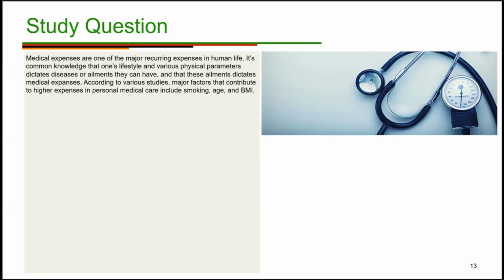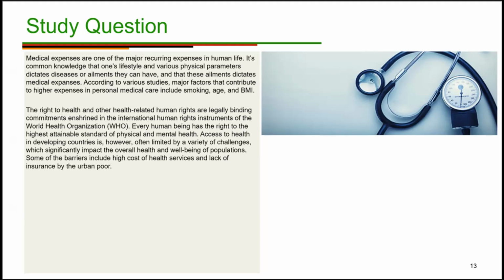So according to various studies, major factors that contribute to higher expenses in a person's life include smoking, age, and their BMI. But we do know that the right to health and other health-related human rights are legally binding commitments that are enshrined in the international human rights instruments of the WHO, in that every human being has a right to the highest attainable standard of physical and mental health.